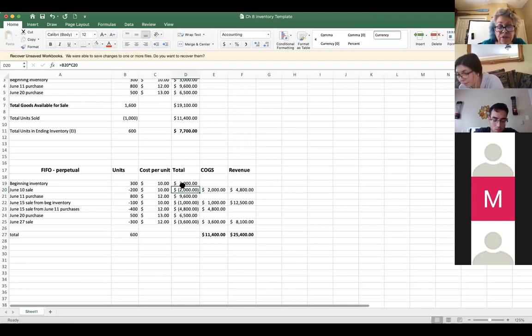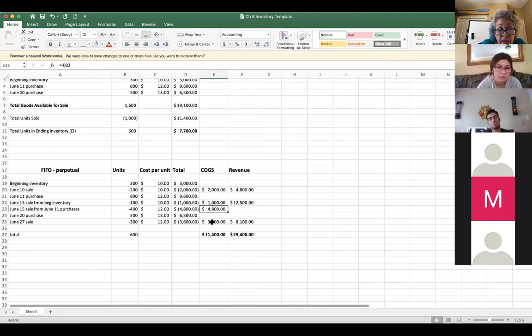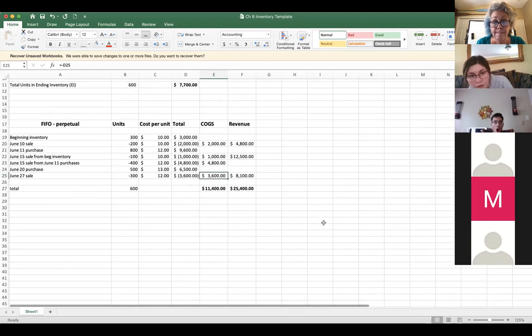So what I wanted to do was just take this number, convert it to a positive so that I could just calculate and sum up my cost of goods sold. So notice that every time I sold, I included it in my cost of goods sold column. Maya, does that make sense?